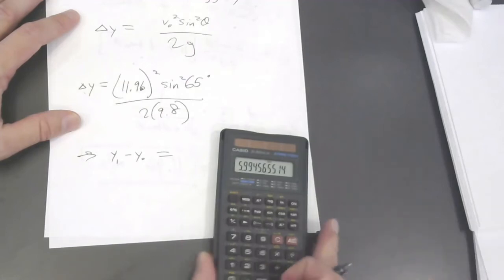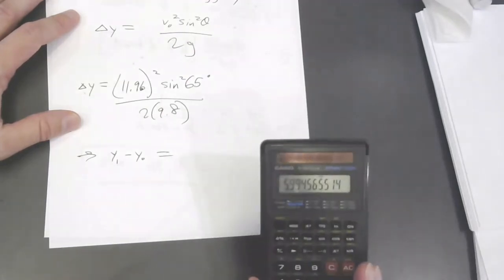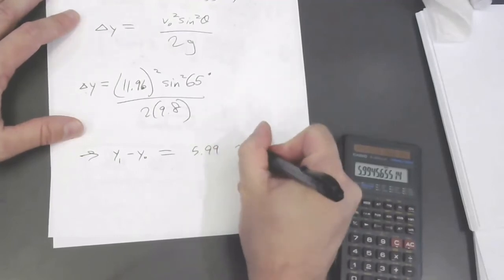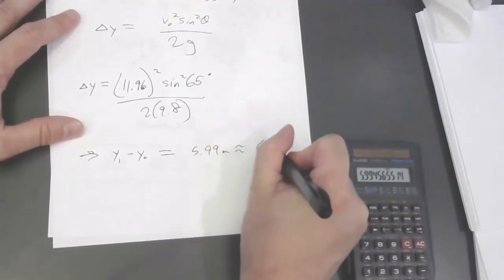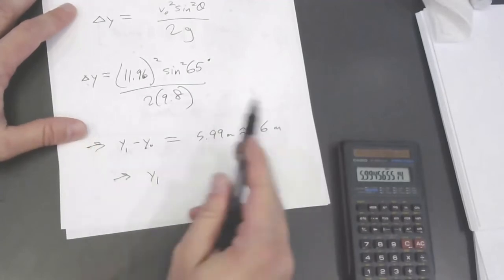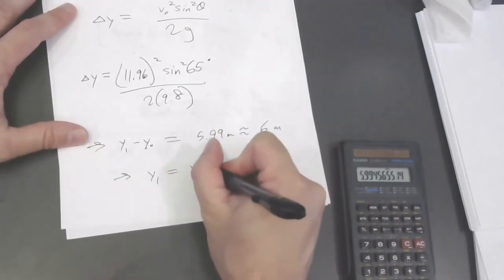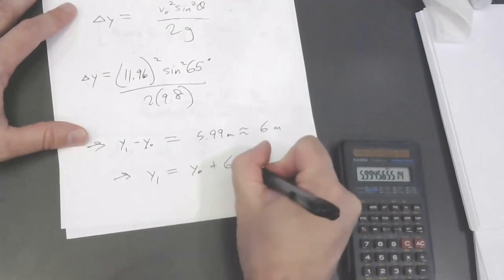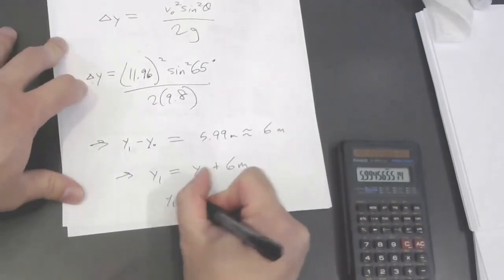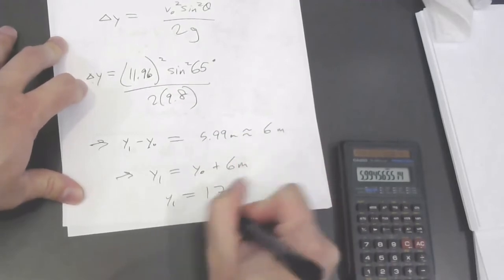It equals 5.99, which is really close to 6. Okay, so that means y1, I can put the y initial on the other side now. y1 is y naught plus 6 meters. And remember, we started from a height of 11 meters, so that brings us up to 17 meters.